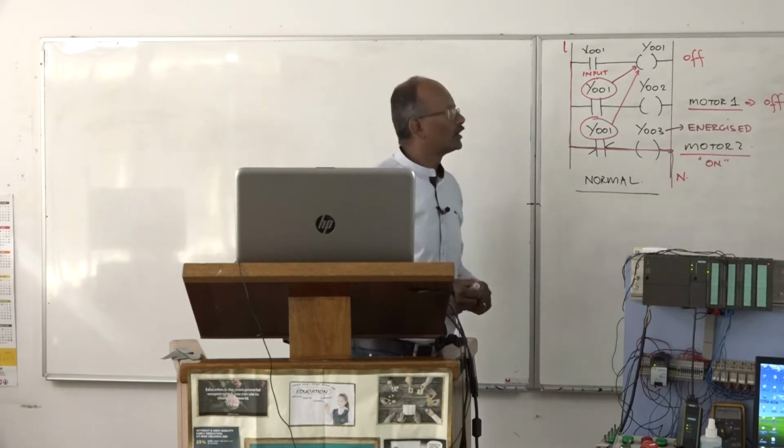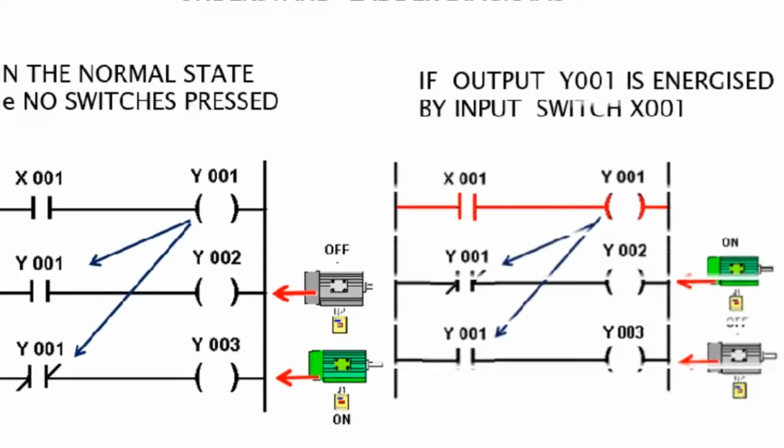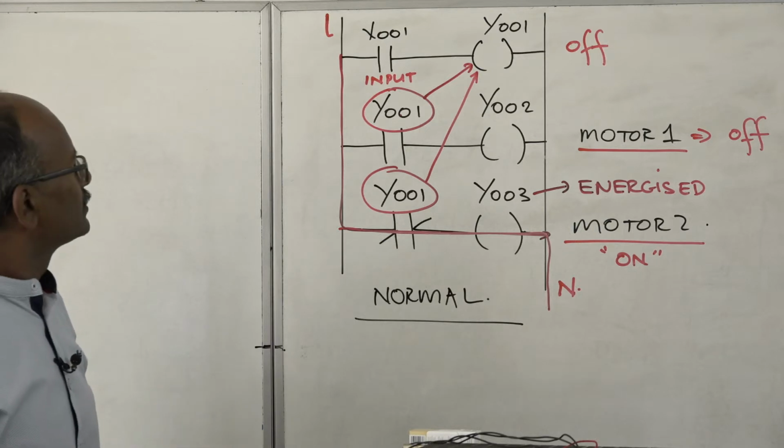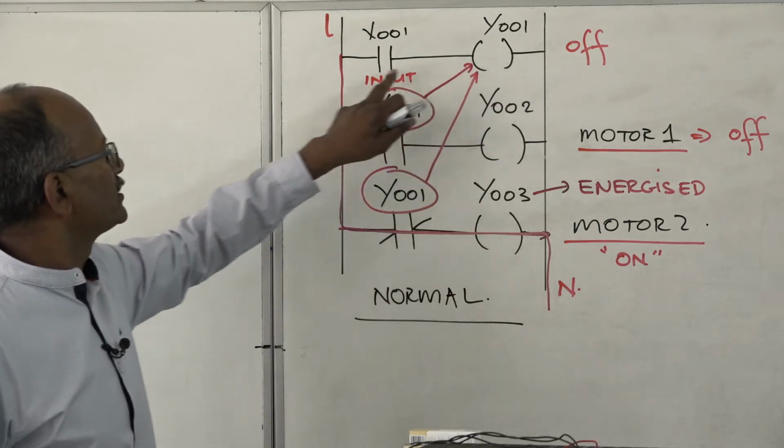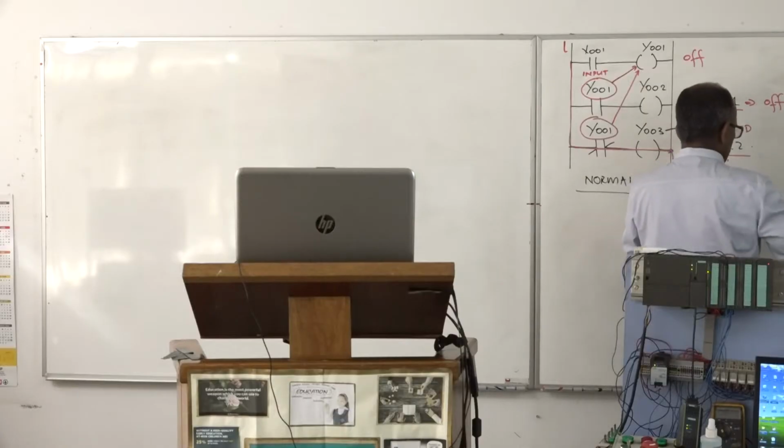What happens now when we energize the circuit? What happens if output Y001 is energized by input X001? I'm going to draw that circuit on the side.